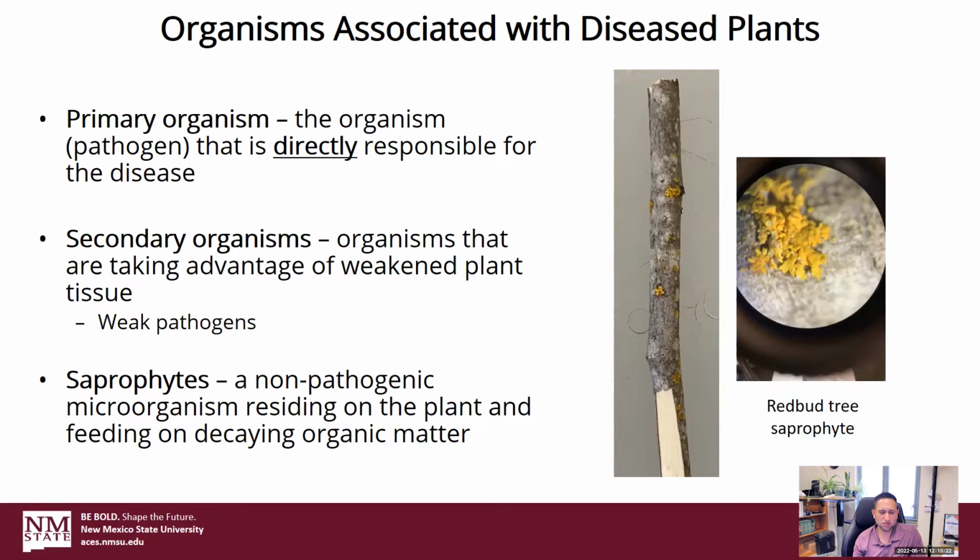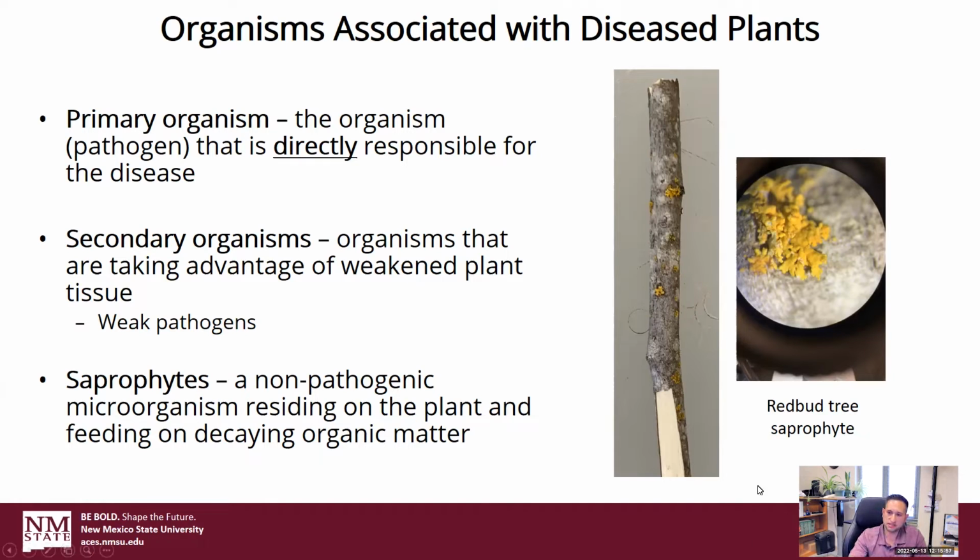These are usually relatively weak pathogens. They need that primary organism to start affecting that tree first, and then these start moving in. And then finally, you get your saprophytes. They don't really cause any issues on the host themselves. But once that tree or plant is pretty much dead, they start feeding on that decaying organic matter.